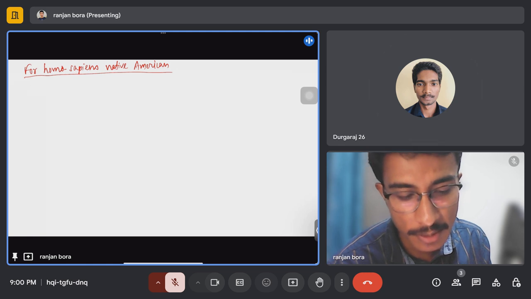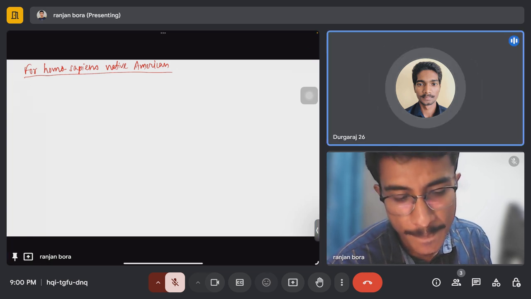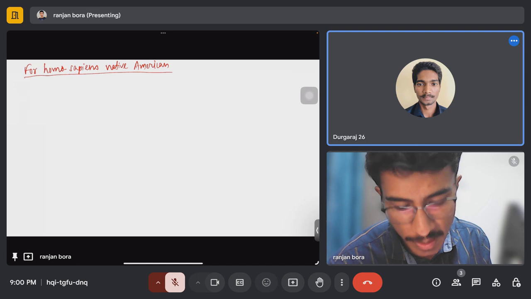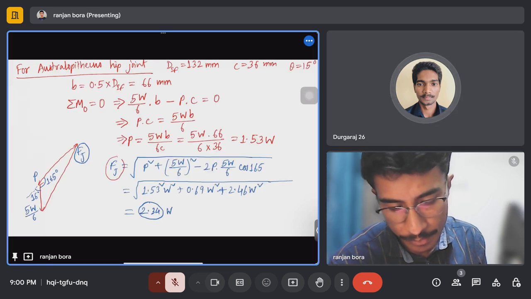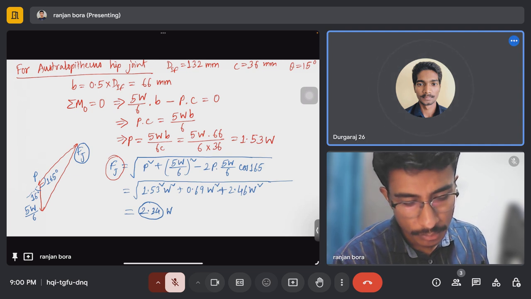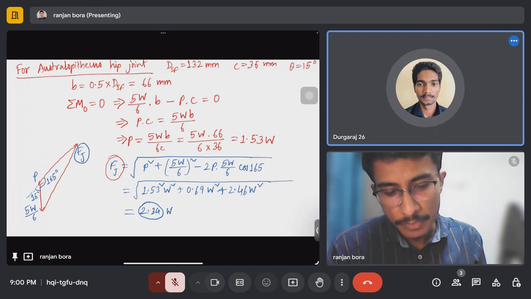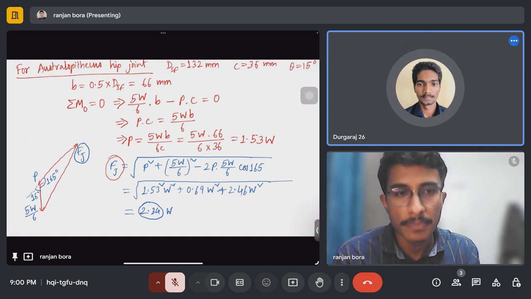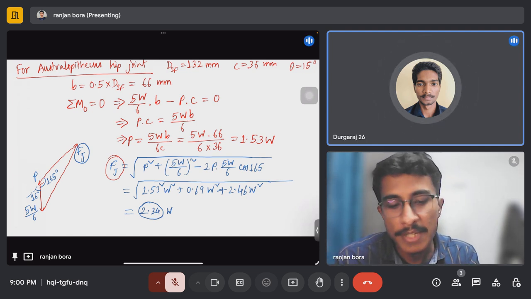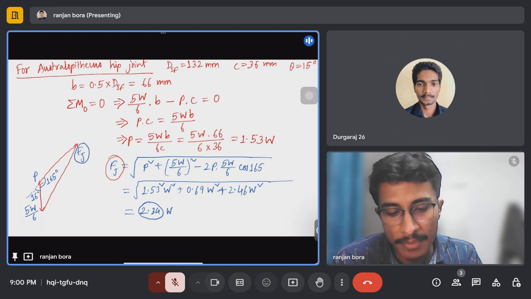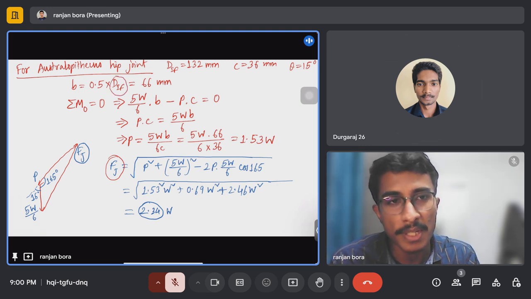Tell me what is your doubt. So you had found Fj, right? Yes. So P you had found by 0.5 into DIF as mentioned in the question. Degree of freedom? It is not a degree of freedom. DIF is just a notation they are using.